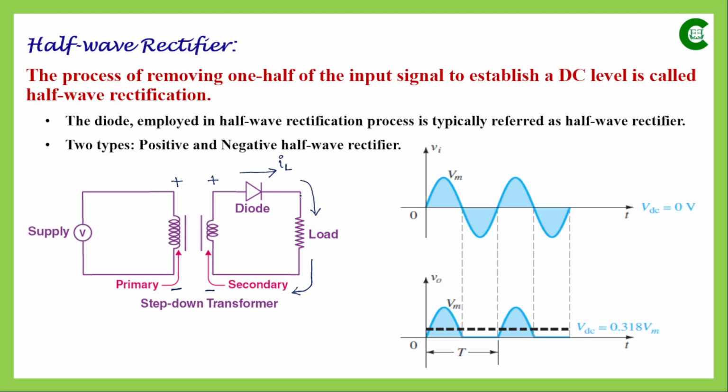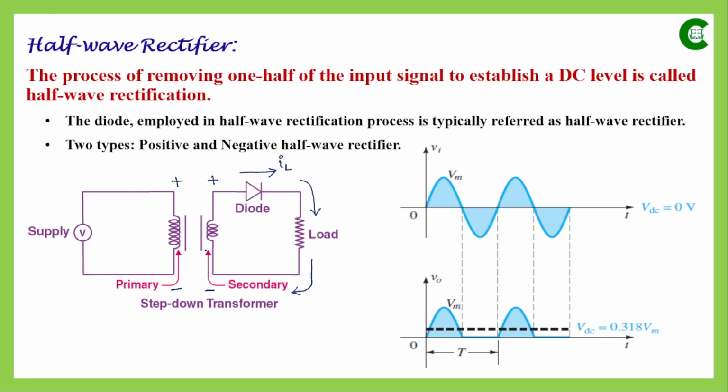And what will be the peak value of that sinusoidal wave? Ideally the voltage drop across this load will be the voltage as we are applying as input minus the voltage drop across this diode. If we apply KVL, then the input voltage will be equal to the summation of the voltage drops across this diode and across this load. So the voltage drop across this load will be input voltage minus the voltage drop across this diode.